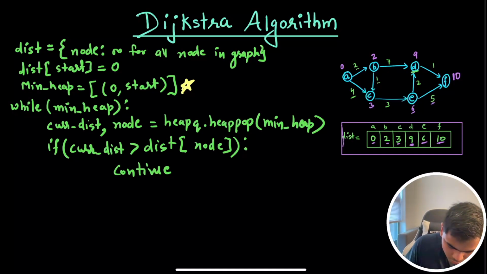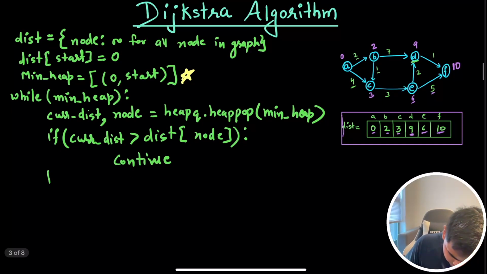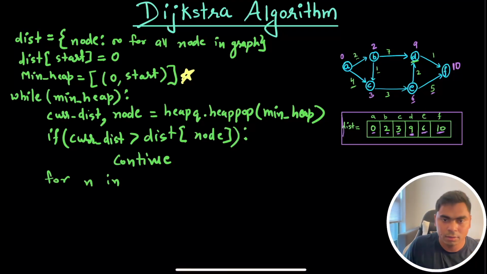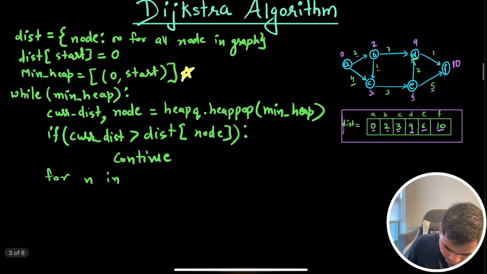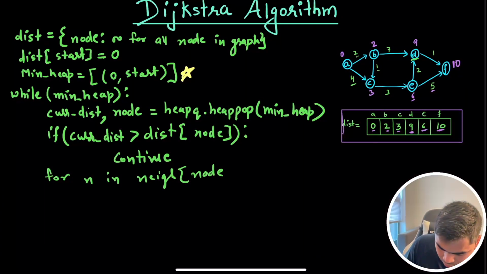Otherwise, we're going to visit all the neighbors: for n in the neighbors of this node, and this will give me all the neighbors of this node.